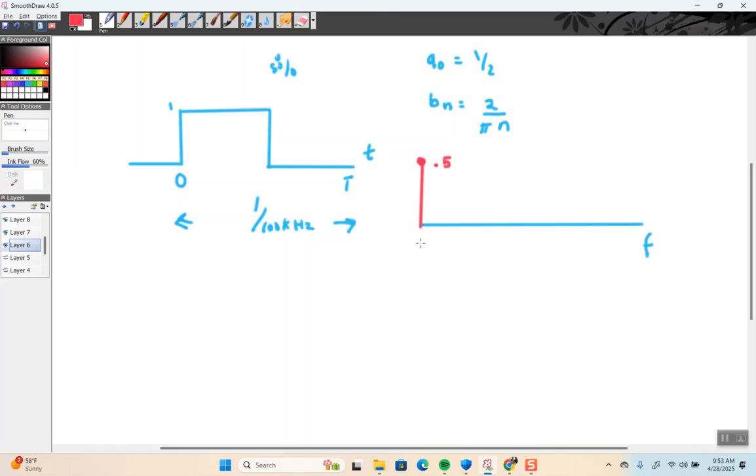I don't have enough space to write out the whole frequency on the axis, but that is 100K, F3 equals 300 kilohertz, F5 equals 500 kilohertz.